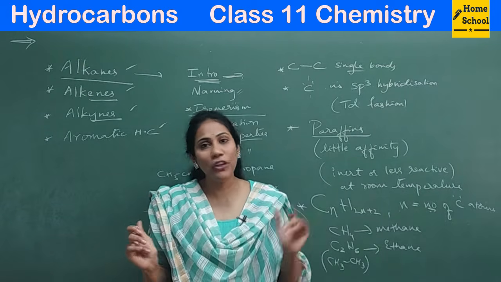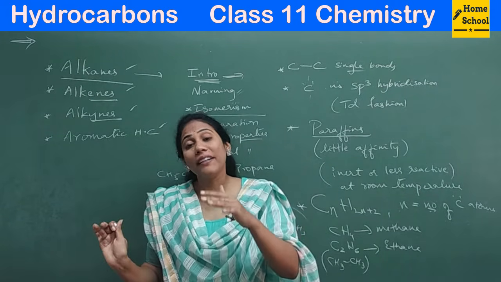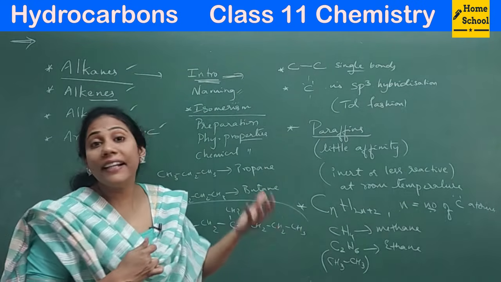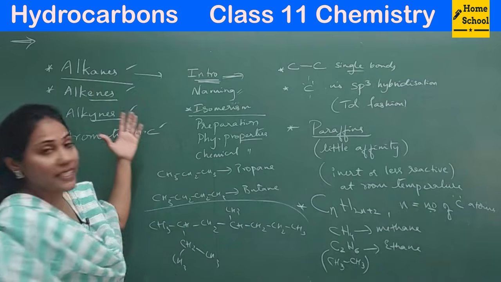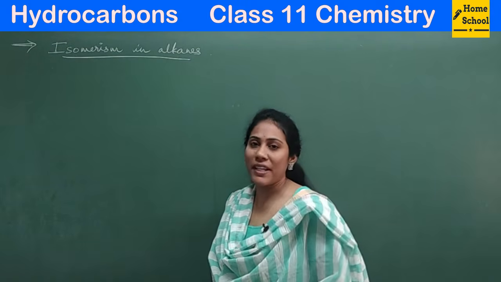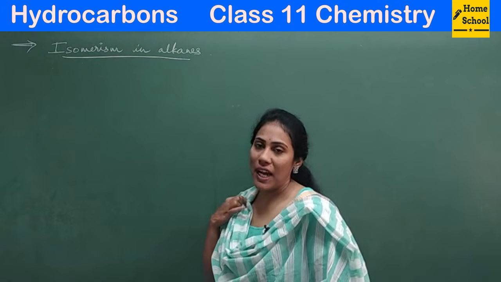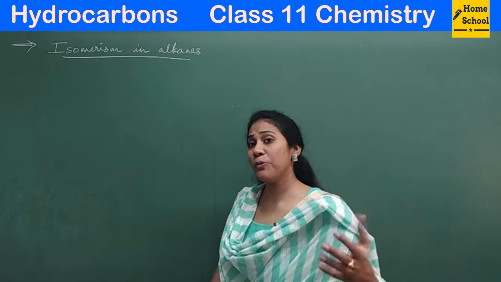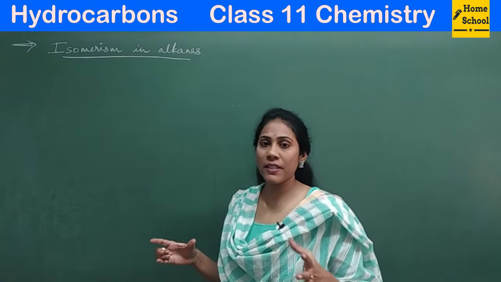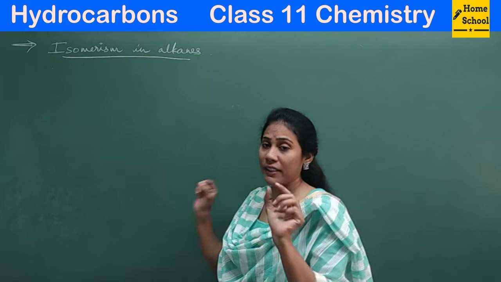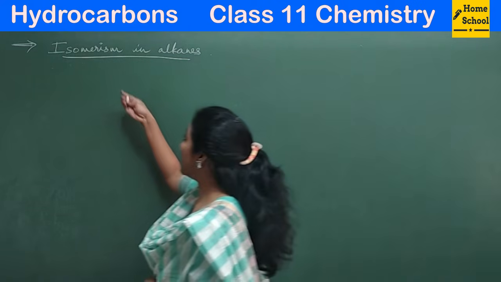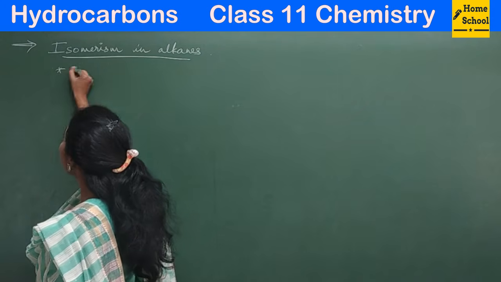So let's quickly go for isomerism and what are the different isomerisms that you can study and observe in case of alkanes. Students, here there are two types of isomers possible in case of alkanes. In isomerism you have different types, but among so many, two important types you will observe in alkanes.